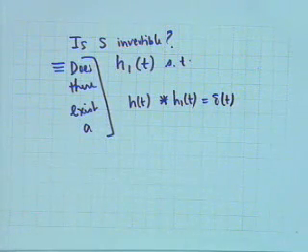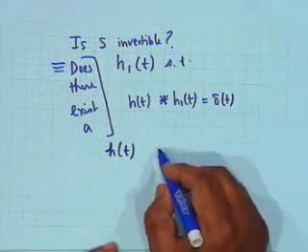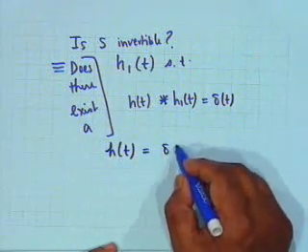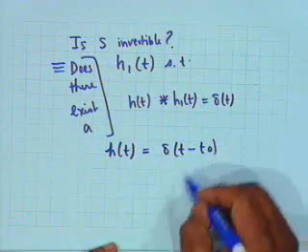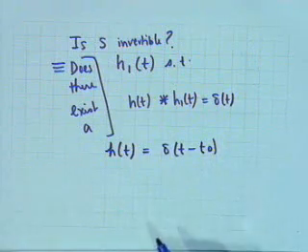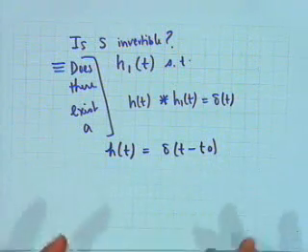You might have to do quite a bit of calculation to be able to answer this question, but in very simple cases there are simple answers. For example, if h of t is equal to delta t minus t naught, what does it mean? It means that the system is a simple delay.